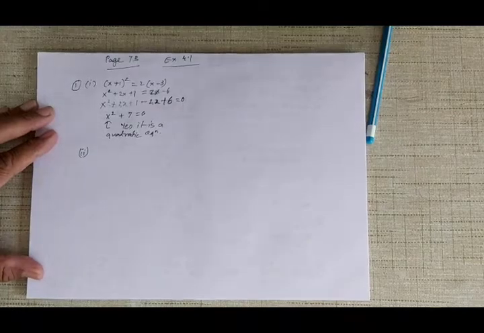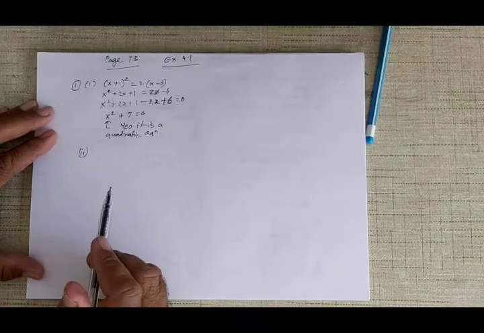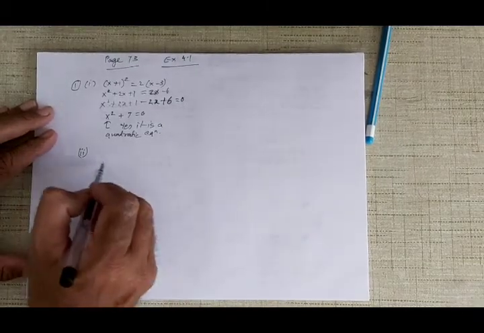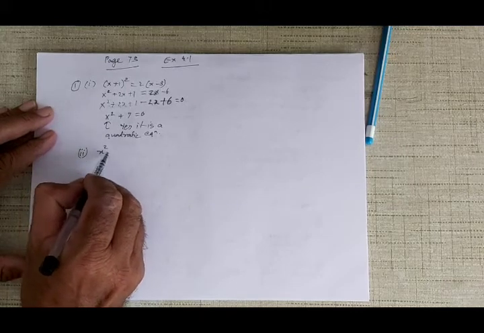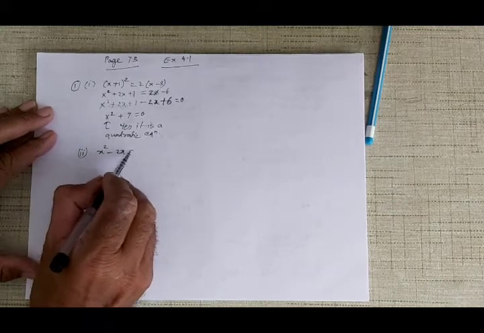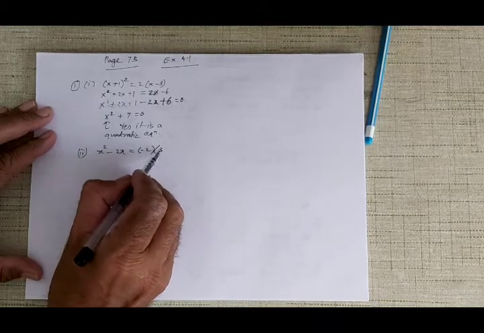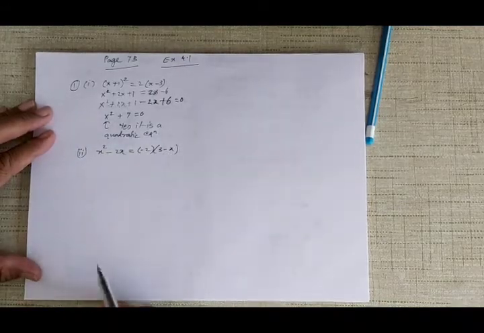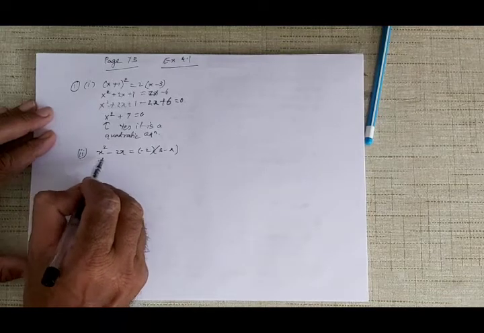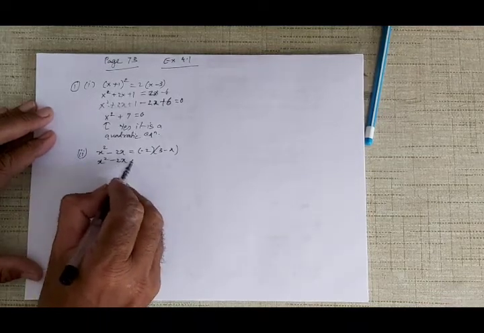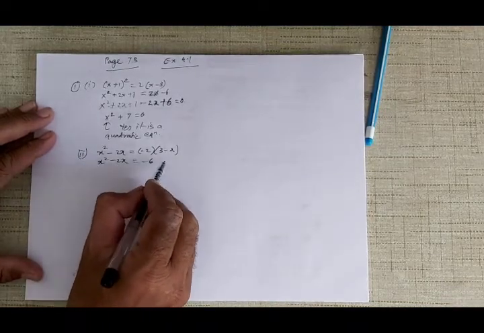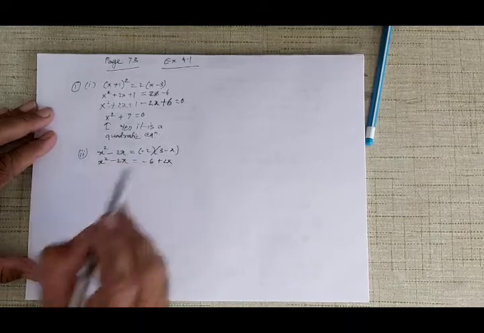All you have to do is simplify and find out. Okay. So now I am going to simplify the second one. X square minus 2x is equal to minus 2 into 3 minus x. Again, let us simplify this. X square minus 2x minus 2 into 3 is minus 6, minus minus plus 2x.